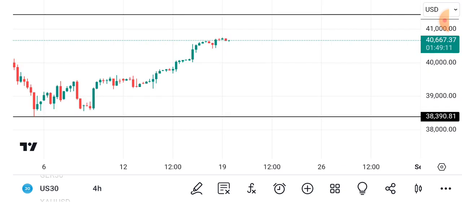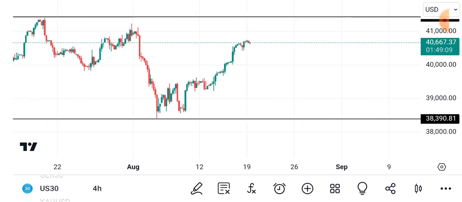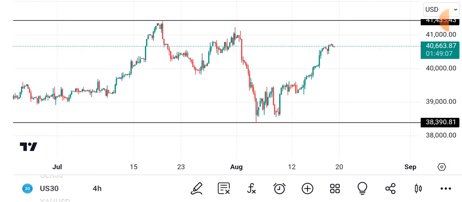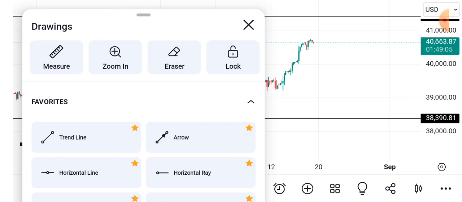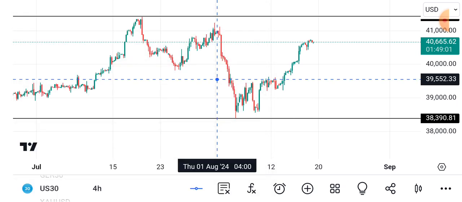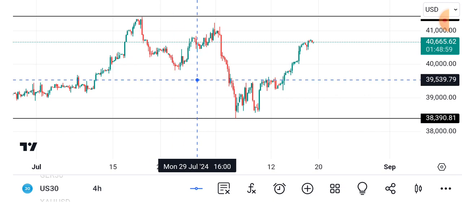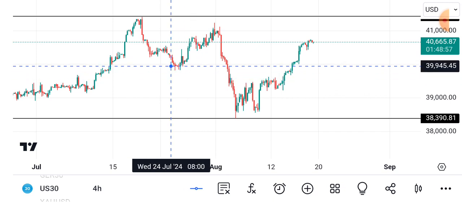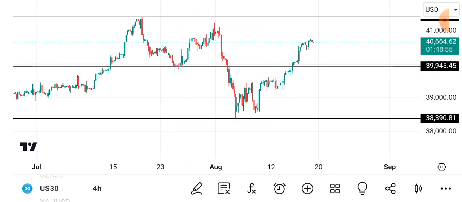This thing is taking time to load. I'm sorry for that, guys. So when we highlight those zones, we know that the market will respect them in future. We can leave them there for too long, but when the market comes, it will respect.